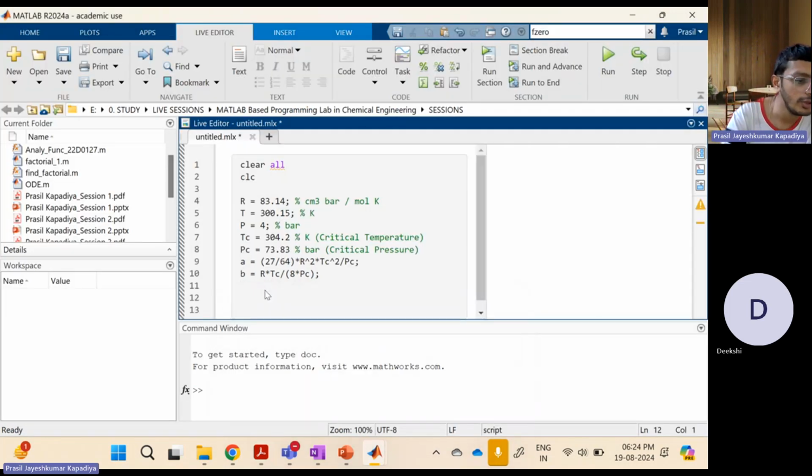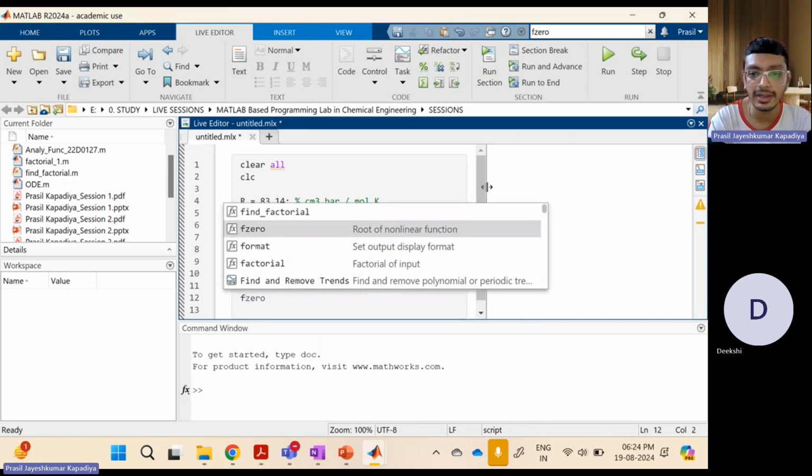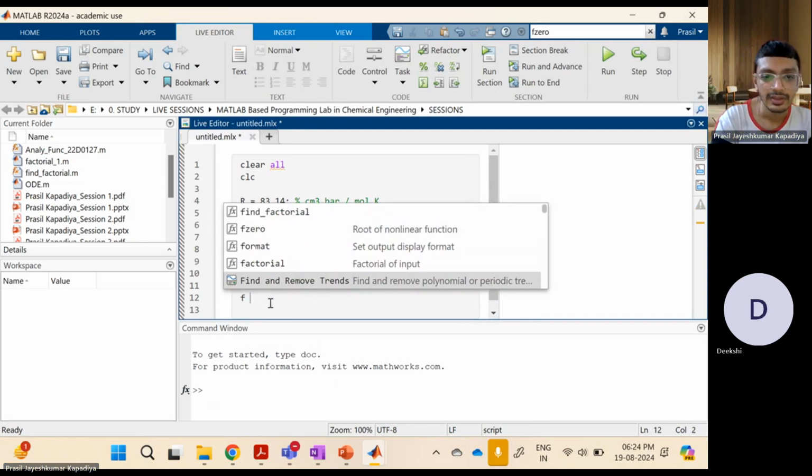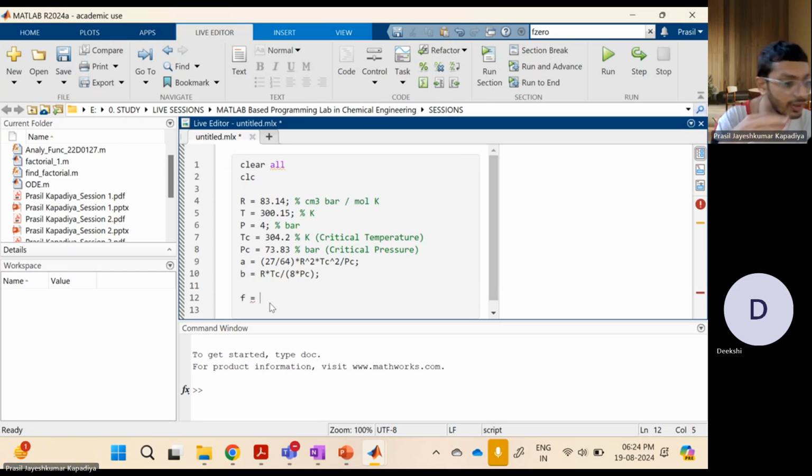So for my volume, let's first write down the equation. I will write it as f is equal to a function of v, because I am willing to solve the cubic equation. So what is the cubic equation?